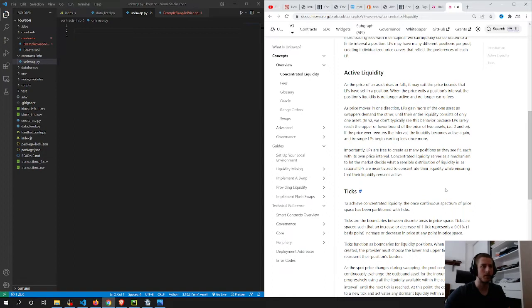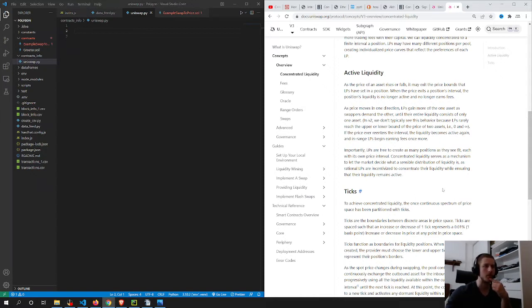As the price of an asset rises or falls, it may exit the price bounds that LPs have set in a position. When the price exits a position's interval, the position's liquidity is no longer active and no longer earns fees. As price moves in one direction, LPs gain more of the one asset as swappers demand the other, until their entire liquidity consists of only one asset.